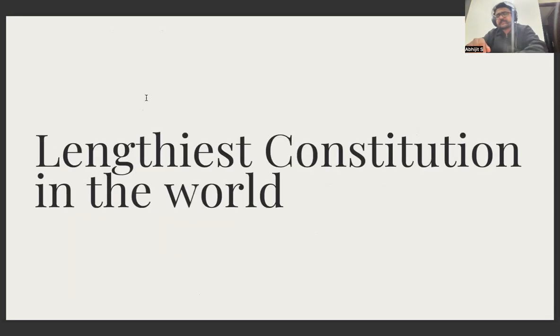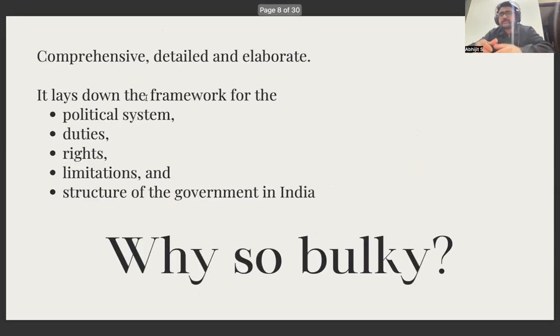Let's take up the first salient feature, which is that of the Indian Constitution being the lengthiest constitution in the world. Now, we also need to understand why it is the lengthiest constitution in the world. What contributed to it being so bulky? Now, the Indian Constitution is comprehensive, it is detailed, and it is elaborate.